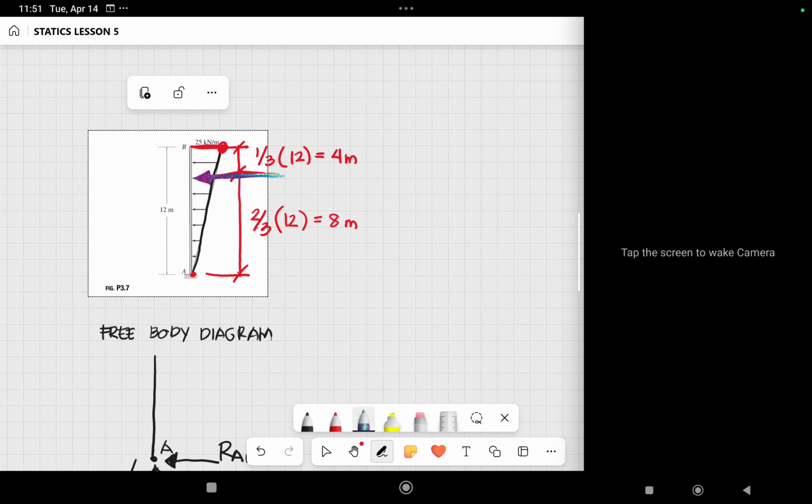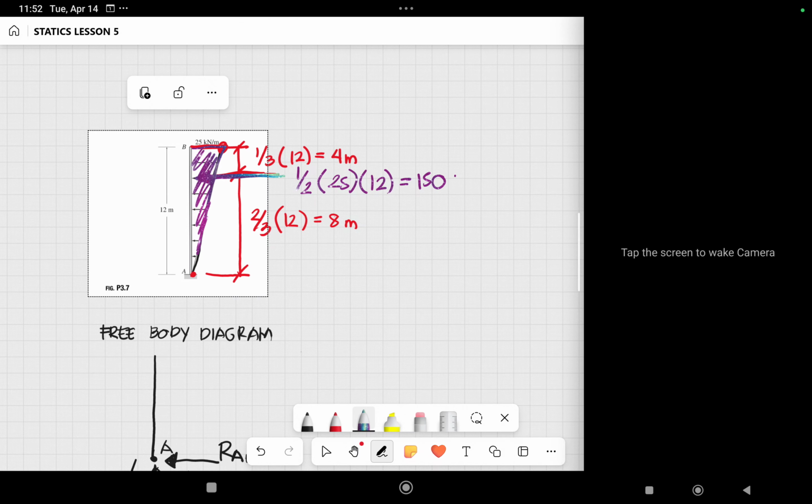So that is the area of the triangle. Area of this triangle is 1/2 base times height. That is 25. Length is 12. So this is 0.5 times 25 times 12. So yun yung area ng triangle na yan.